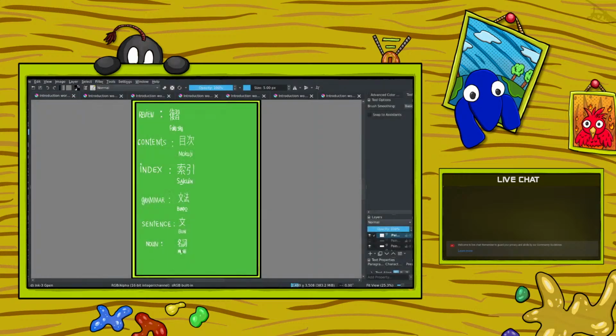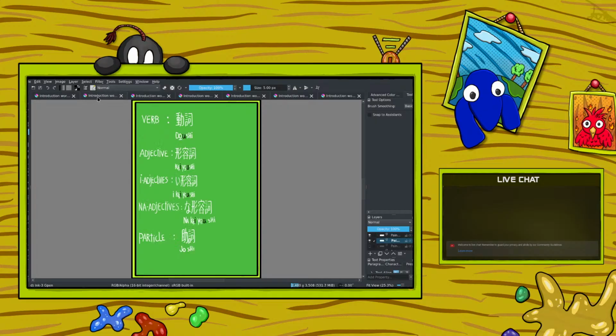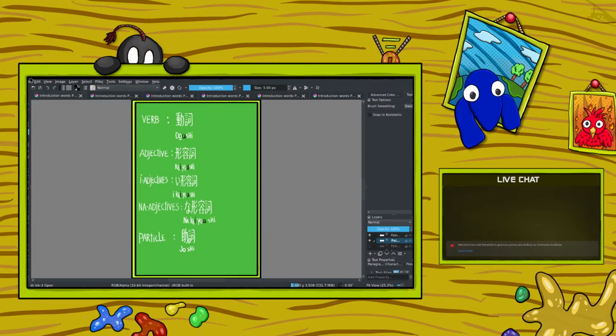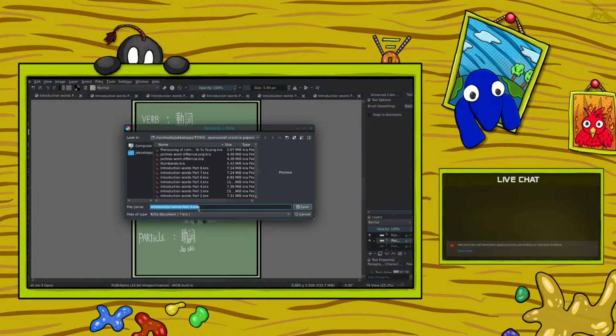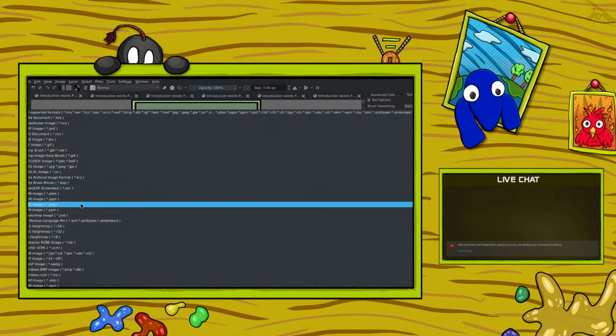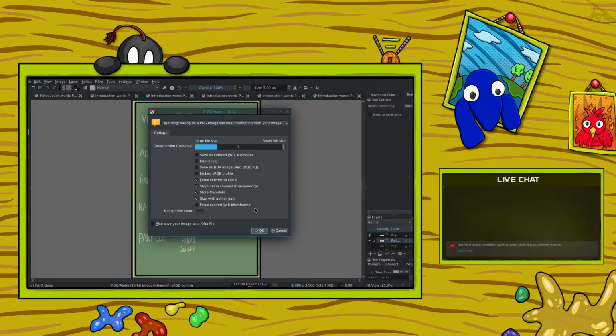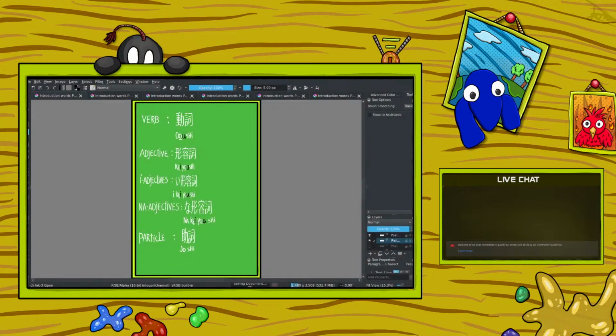So now we have done that. We have the PNG version of it. Now we're going to go here and grab this one, save it, and then save as the PNG version. Then make sure that the metas file is actually saved, correct? Yes, alright. Now that one is also saved as PNG.